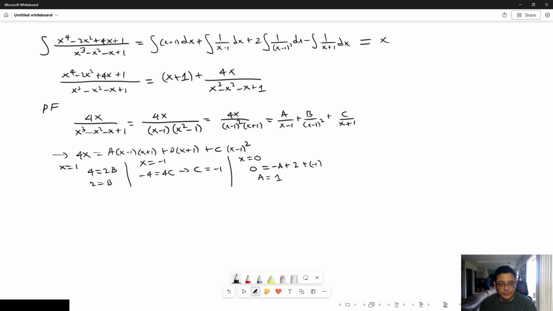This is x squared over 2 plus x from the first integral, then plus log of the absolute value of x minus 1, plus, or actually minus 2 over x minus 1, okay, so this is going to produce a minus here, and then minus log of absolute value of x plus 1, and then of course plus c.